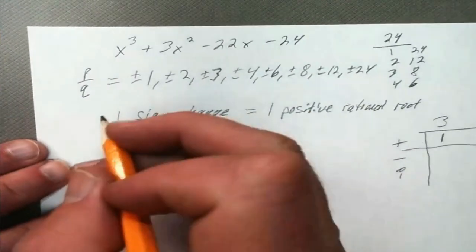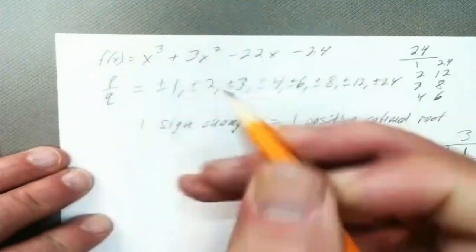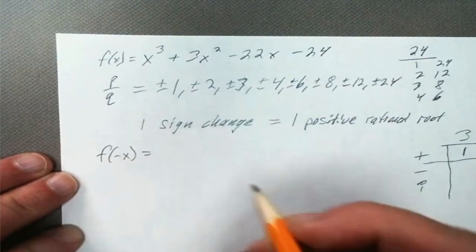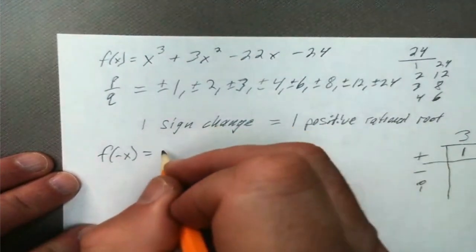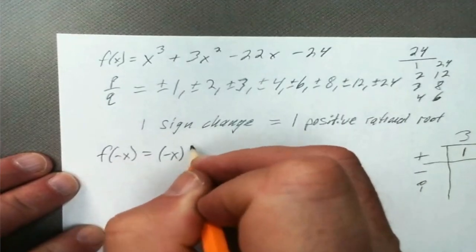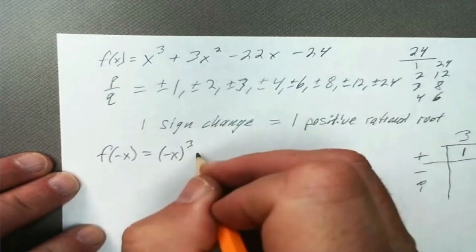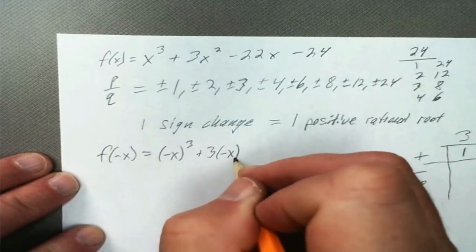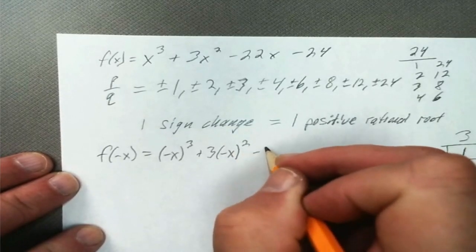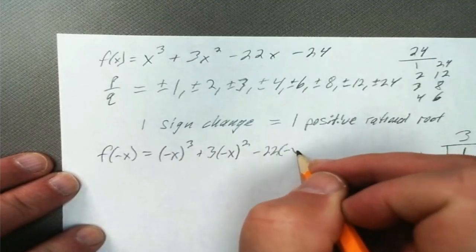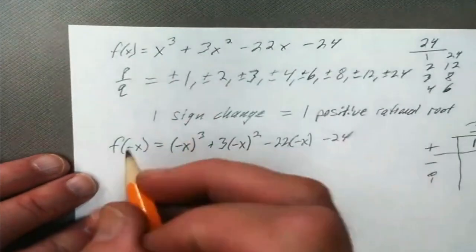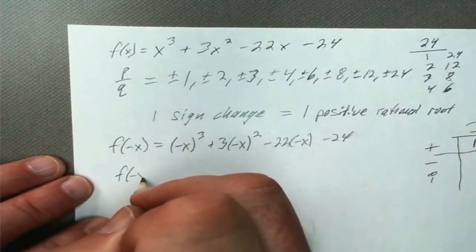So remember the way we do that, let's just say this is f of x. So we do f of negative x to figure that out. So if we say negative x to the third power plus 3 times negative x squared minus 22 times negative x minus 24, and we simplify that.